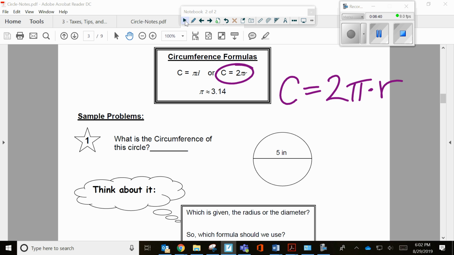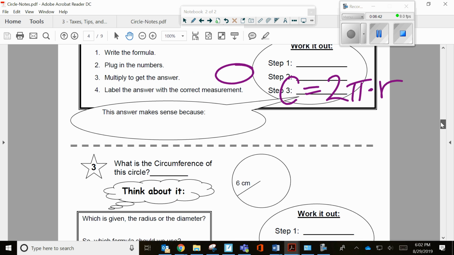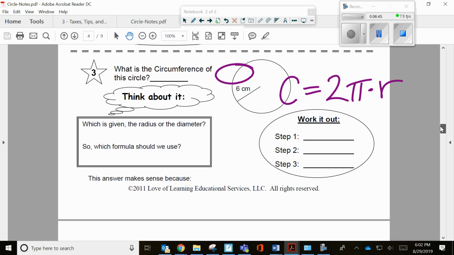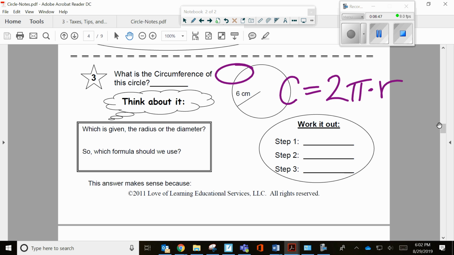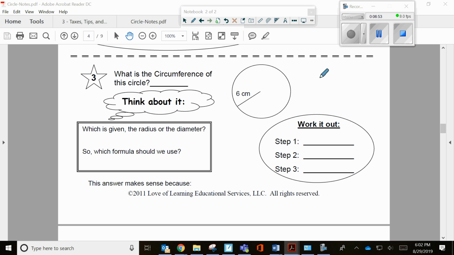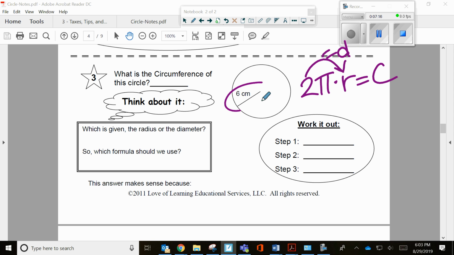So if I scroll down and look at a different problem, I can use my formula, 2 times pi times radius equals circumference, because 2 times r is the same as d. So I am just rewriting diameter as 2 times the radius, okay? Because I don't know the diameter, I just know the radius.